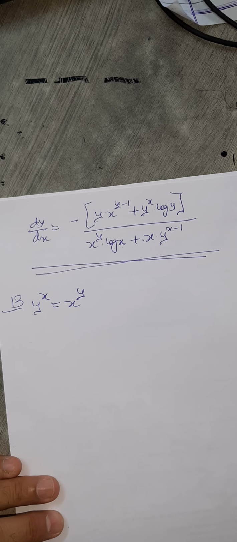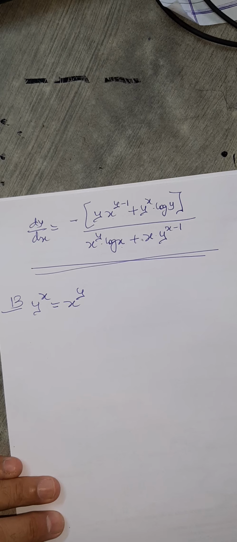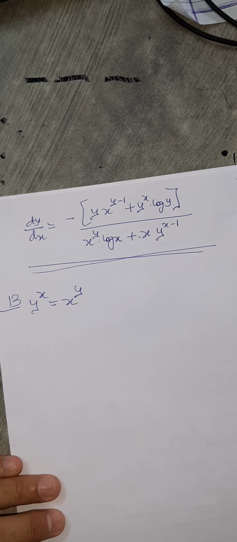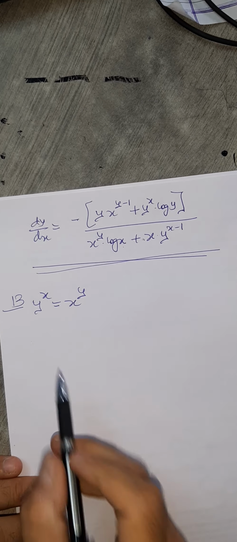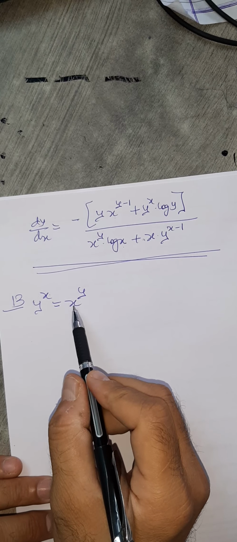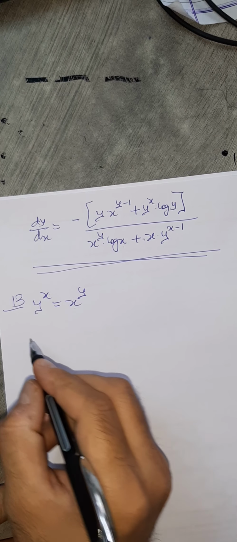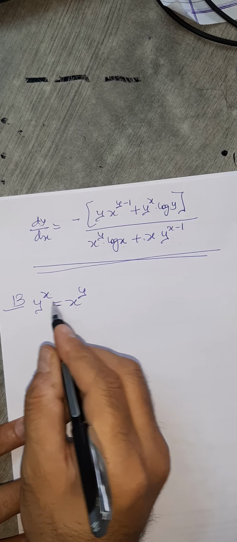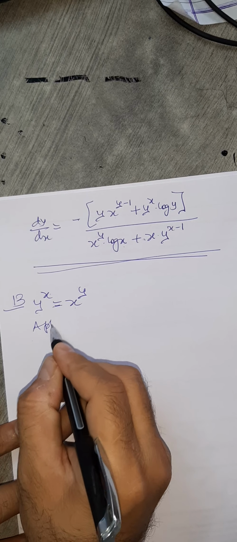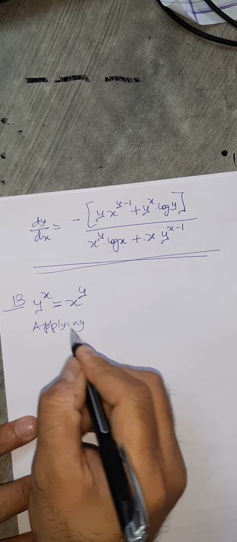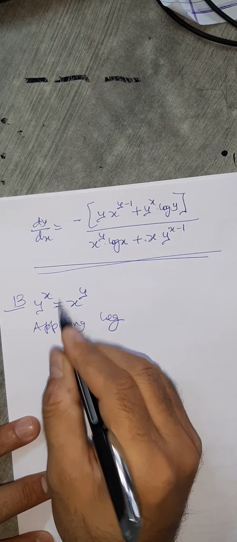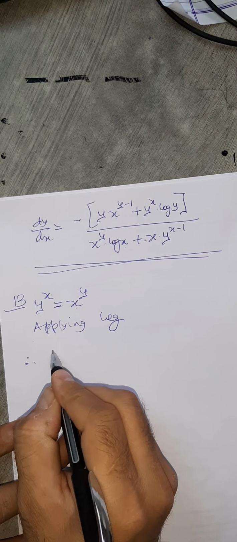So here next, number 13, y raised to x equals to x raised to y. Now variable raised to variable form. So we apply, you don't have a plus sign, so you can apply log directly on both the sides. You can use the e raised to concept also, remember.